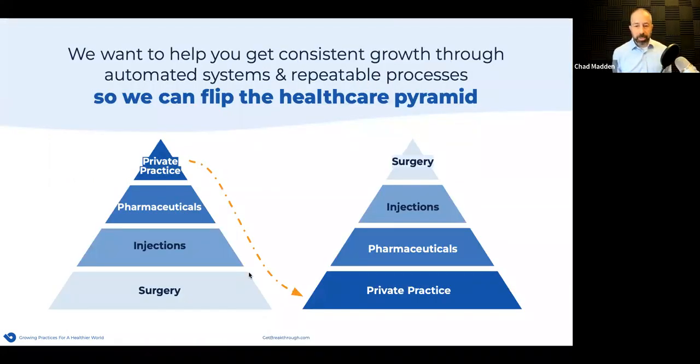And the big picture of what we're doing is called flipping the pyramid. So over on the left, if you think about right now in the US, the latest numbers that we have, I believe, are 2019.